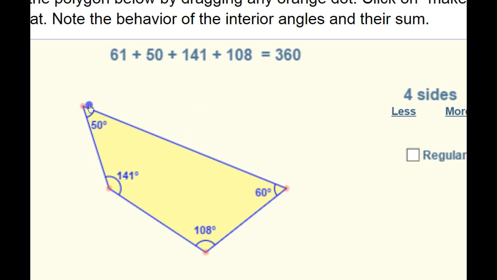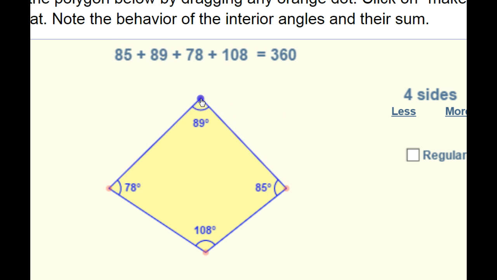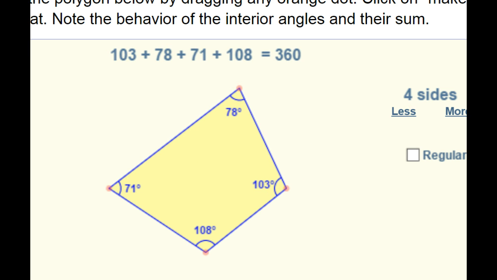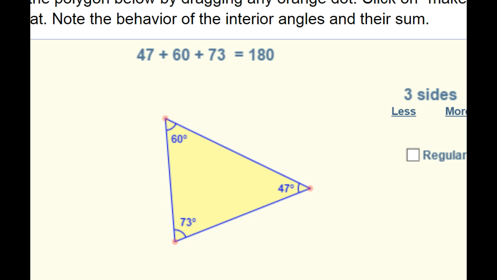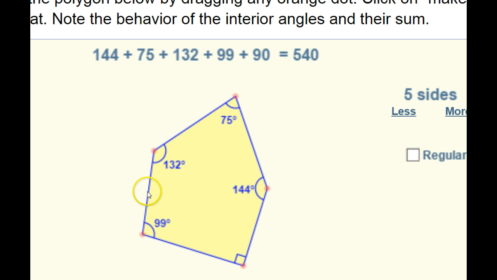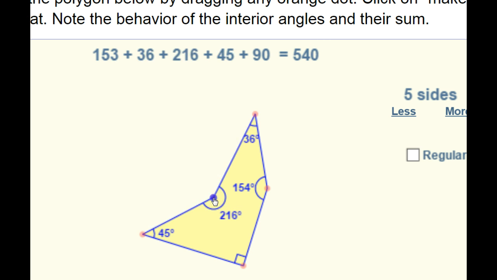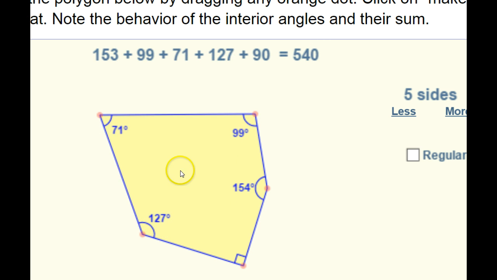No matter what shape the quadrilateral is, the angles will always add up to 360. And if we look at a pentagon, we're going to find out that they always add up to 540. So no matter how you draw the shape, the inside angles will always add up to 540.